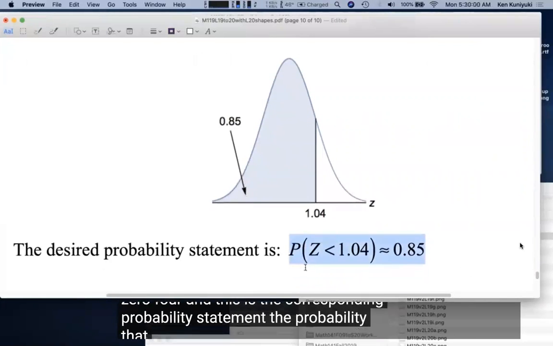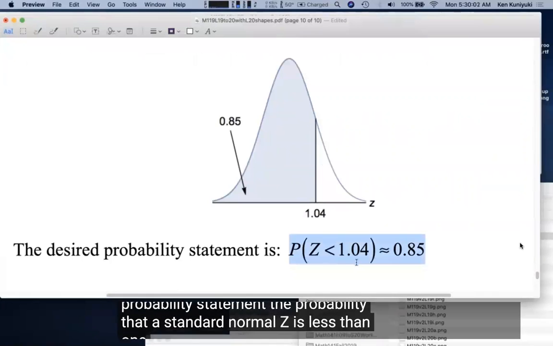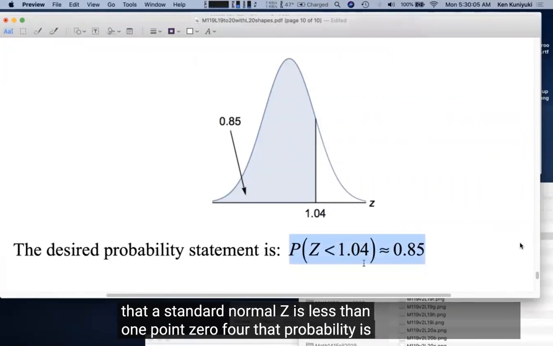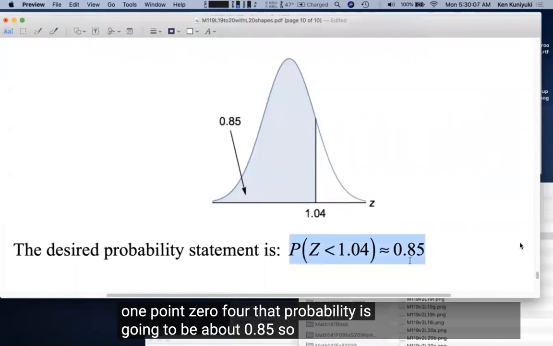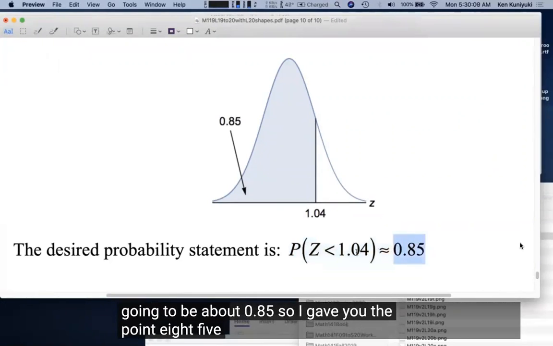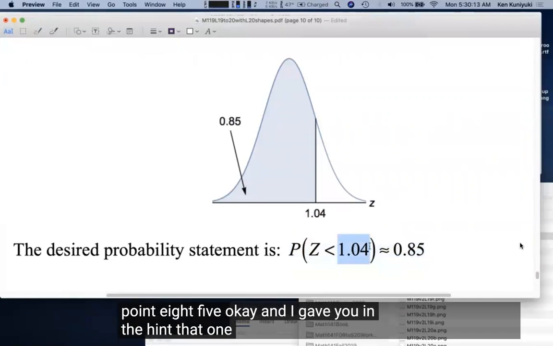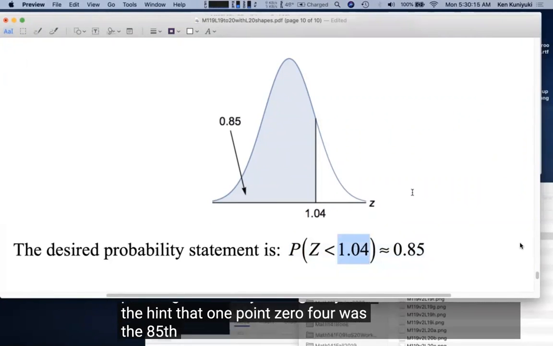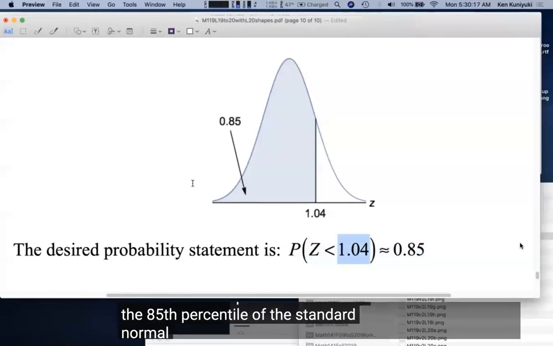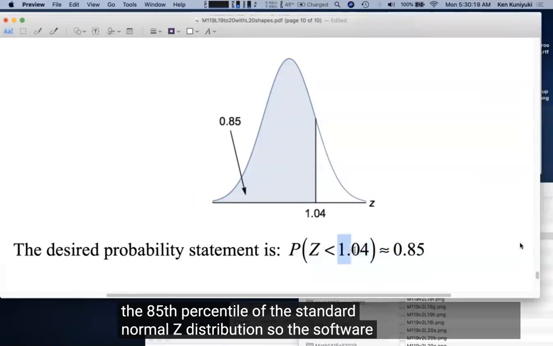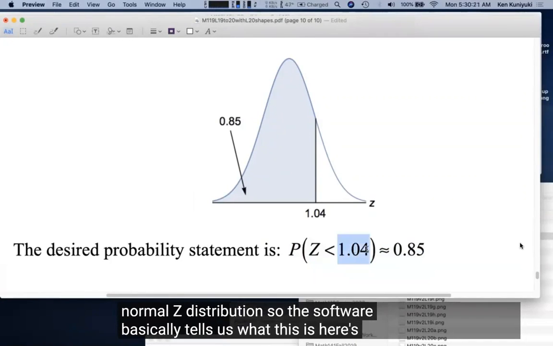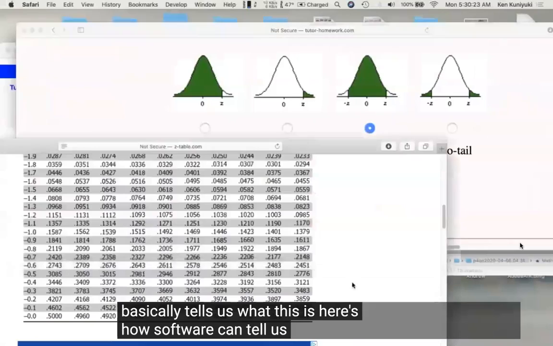The probability that a standard normal z is less than 1.04 is going to be about 0.85. So I gave you the 0.85, and I gave you in the hint that 1.04 was the 85th percentile of the standard normal z distribution. So the software basically tells us what this is. Here's how software can tell us.